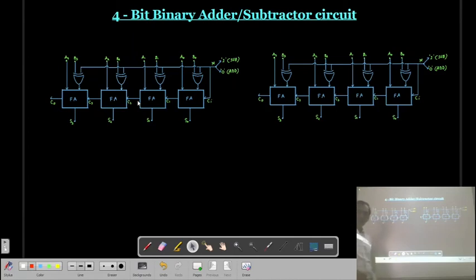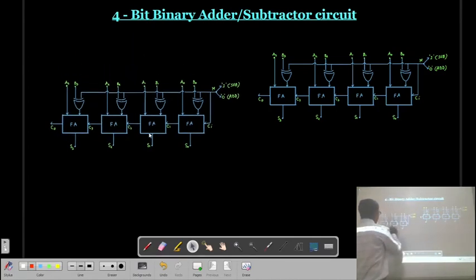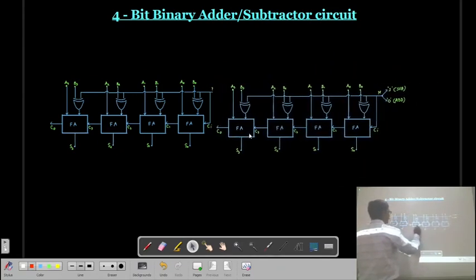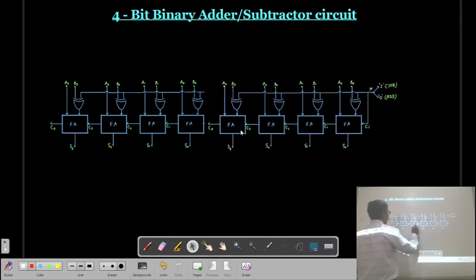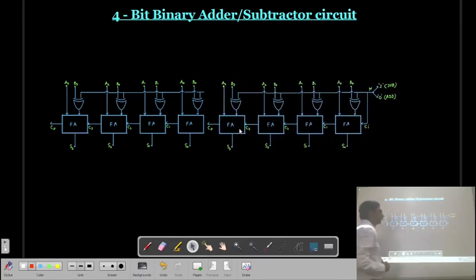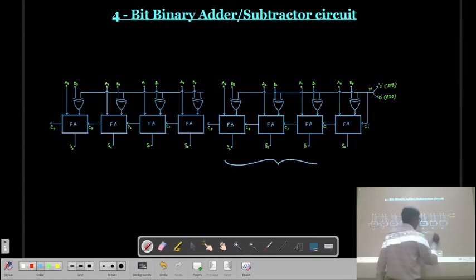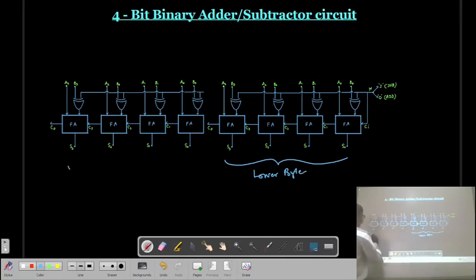You can see the two different circuits there. Correct? Now I am going to combine this. So this will give you the addition of the lower byte. And this will give you the addition of the upper byte.